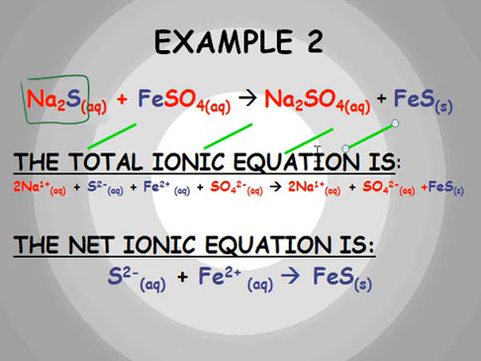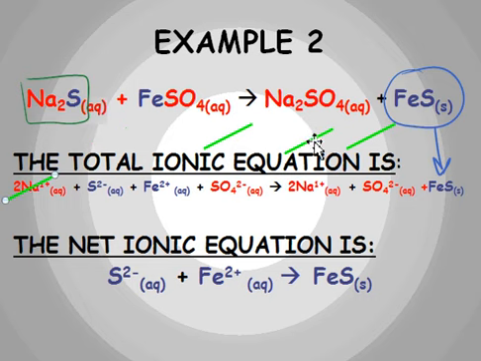On the other side, we have 2 sodium ions, we have our sulfate ion, and then of course we have our precipitate, which stays as a precipitate. When all that is written out, you have the total ionic equation. Once you have it, you can start crossing out things that cancel out on each side of the equation.